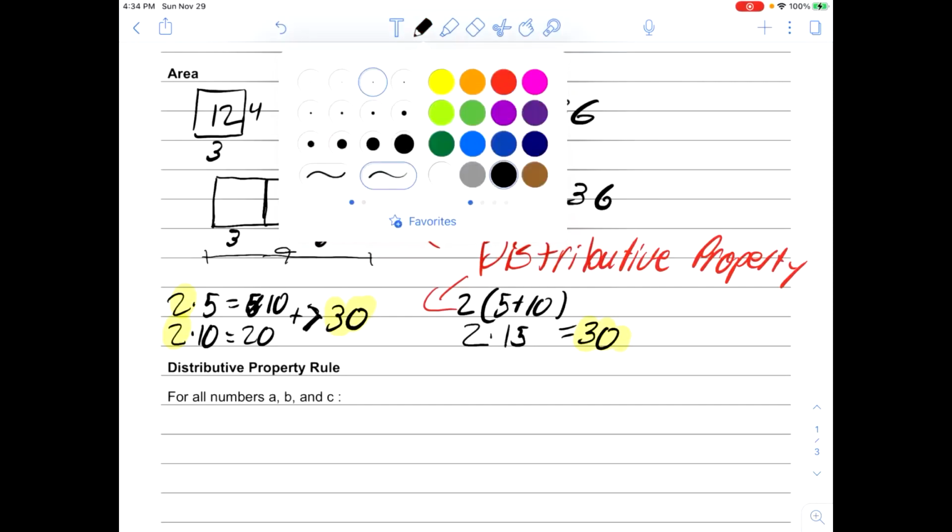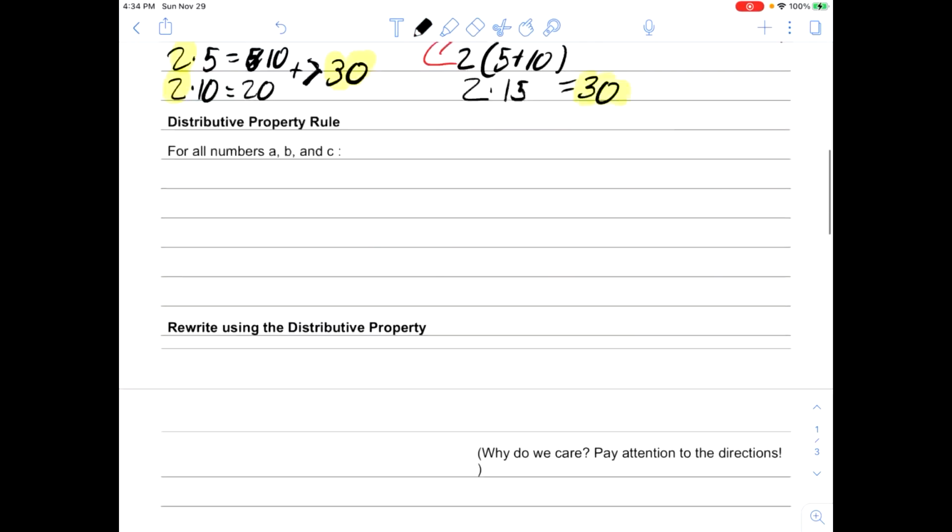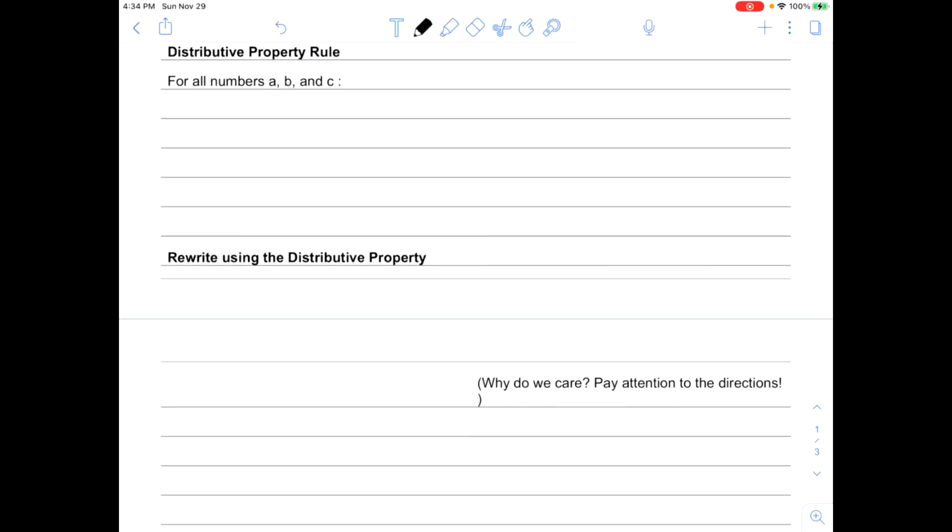So I'm going to tell you what the rule is for the distributive property. The rule is that for all numbers A, B, and C, and A, B, and C represent variables. Basically, it means that this works for any number. So we're using letters to stand in for our numbers just to show that this would work for any numbers.